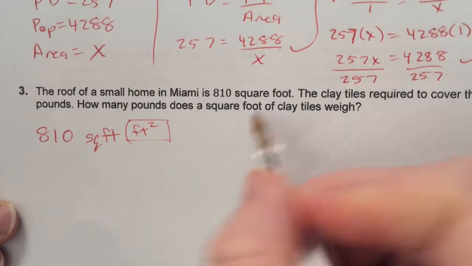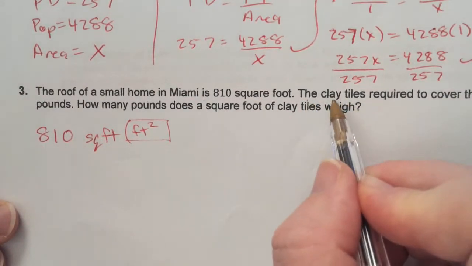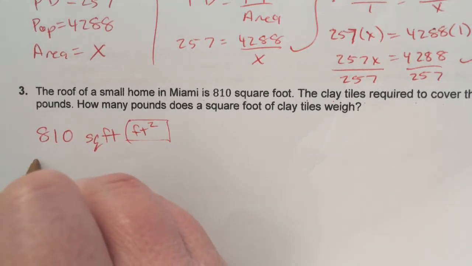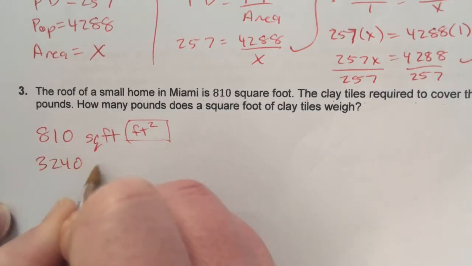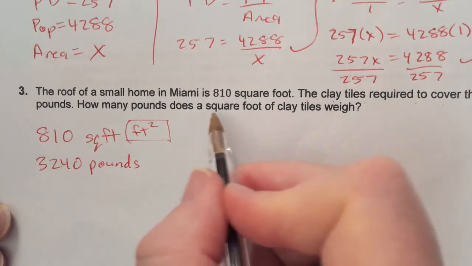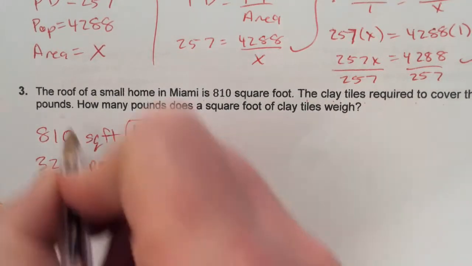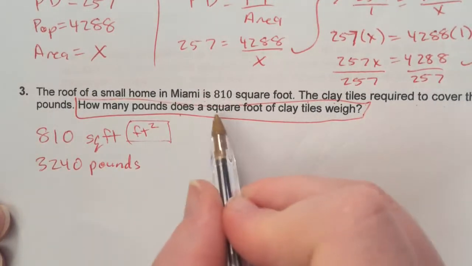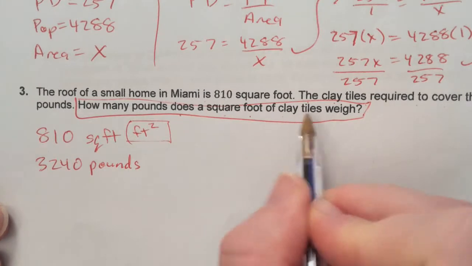So the clay tiles required to cover the roof weigh, so we have a weight of 7,240 pounds. How many pounds does a square foot of clay weigh?